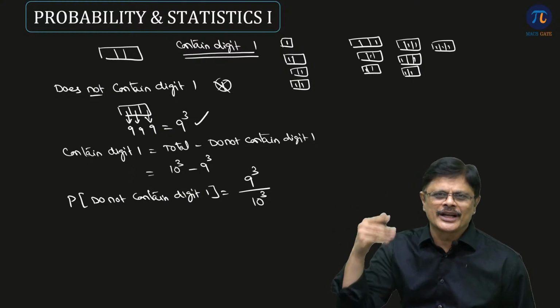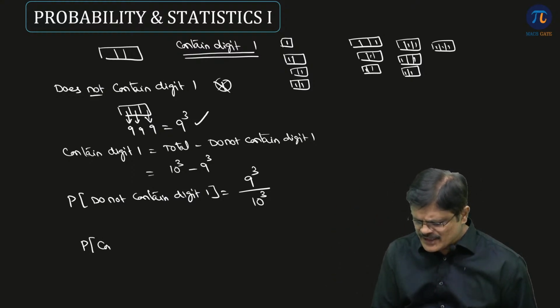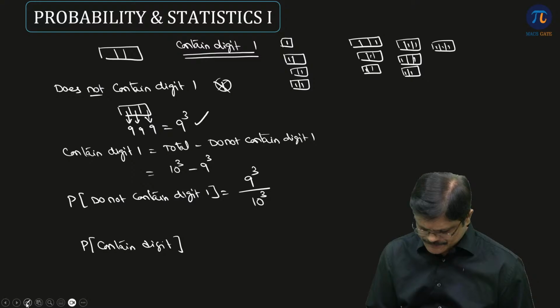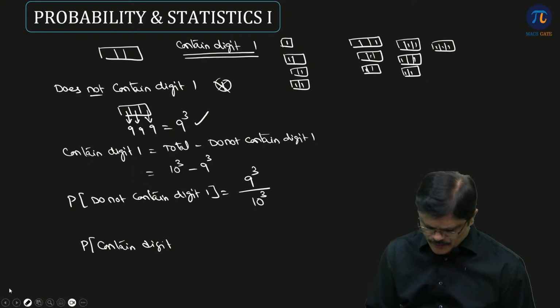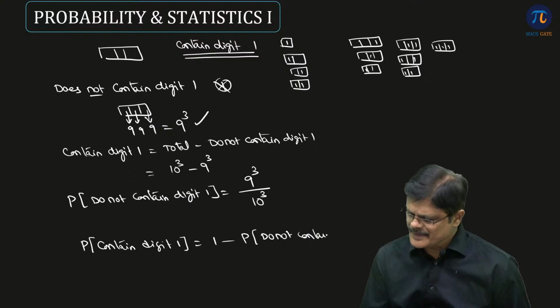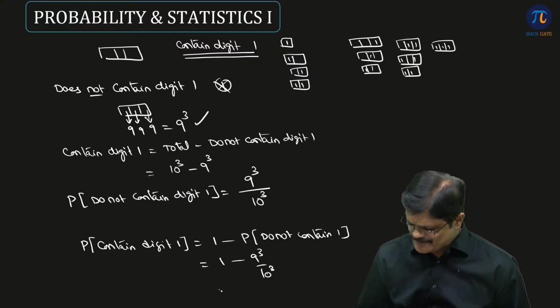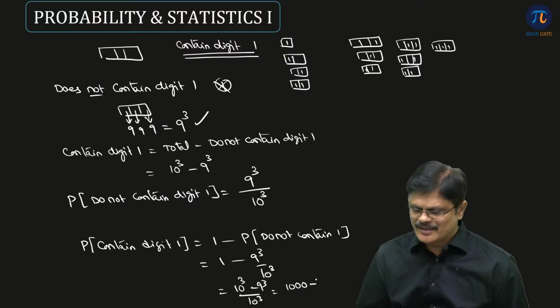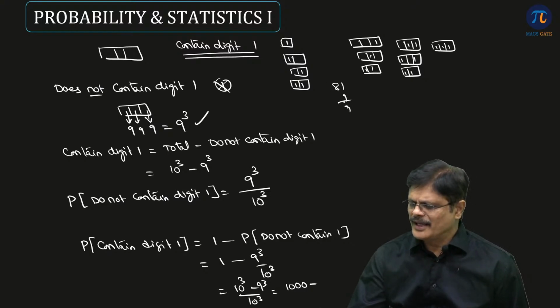But if you want contain digit 1, how can you solve it? 1 minus the probability of not containing digit 1. So it is 1 minus 9 cube by 10 cube. And that is the answer, which is nothing but 10 cube minus 9 cube by 10 cube. 10 cube is 1000, 9 cube is 9 9s 81, 9 8s 729.